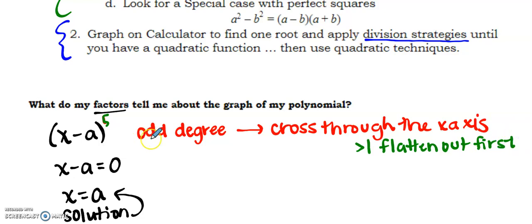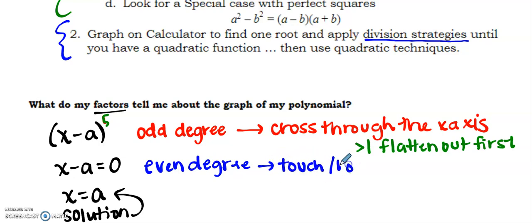The next situation then is instead of having an odd degree, you might have an even degree. An even degree is going to touch and bounce through the x-axis. So for instance, if this was x minus a to the 2nd, we would touch and bounce.